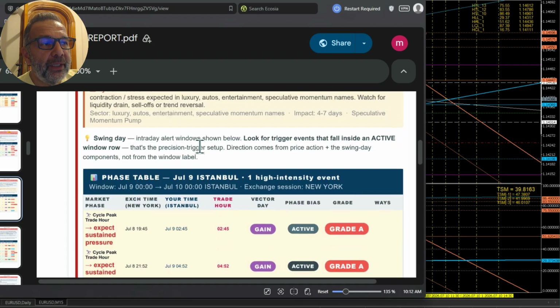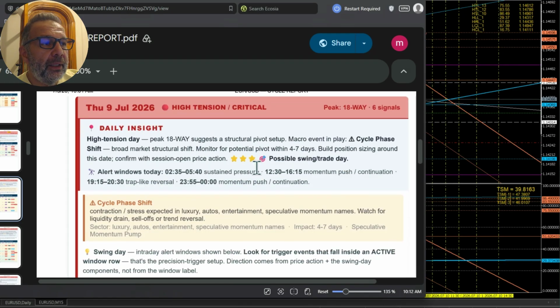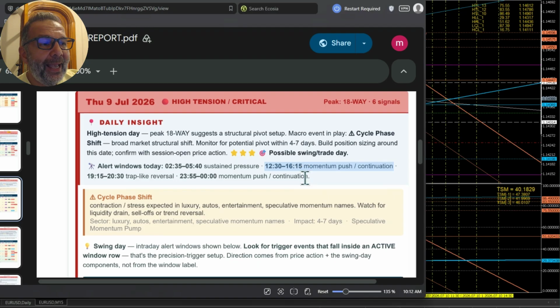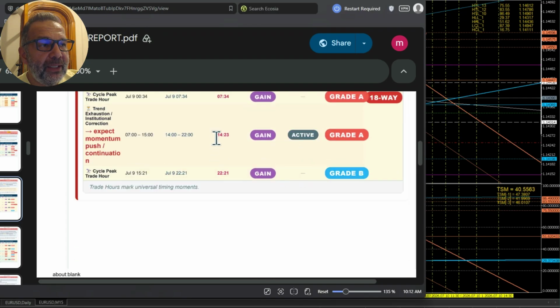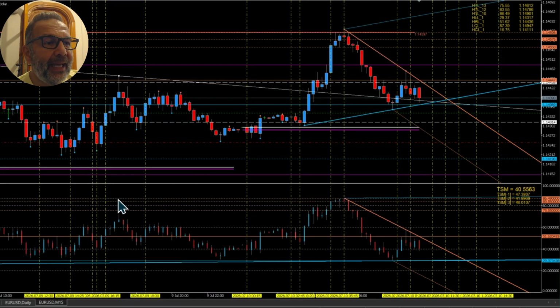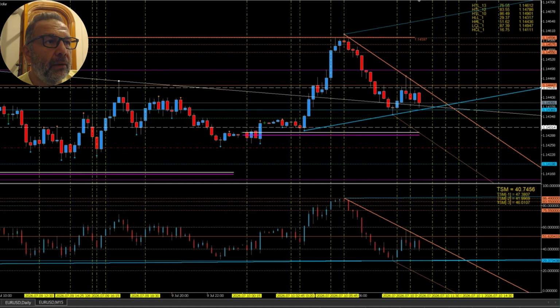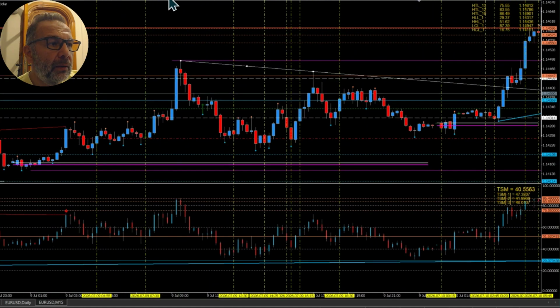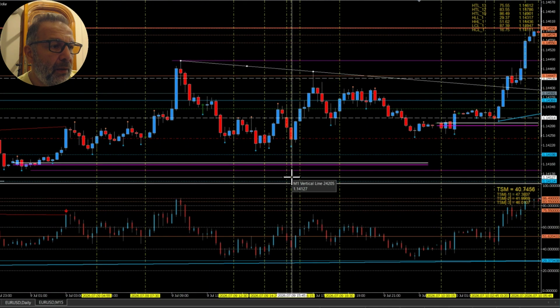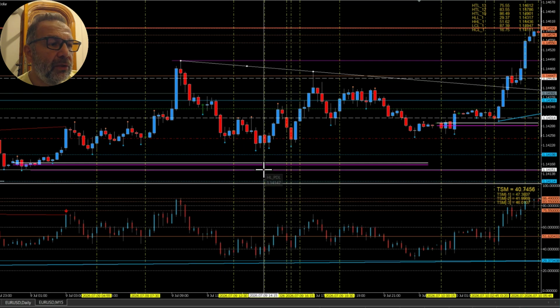But look at here, from 12:30 to 4:15, momentum push continuation. Look at yesterday's video if you haven't. I said, guys, when are you going to trade that? At 14:25. That's a euro dollar specific hour. 14:25 yesterday. Let's take a look. 14:25.